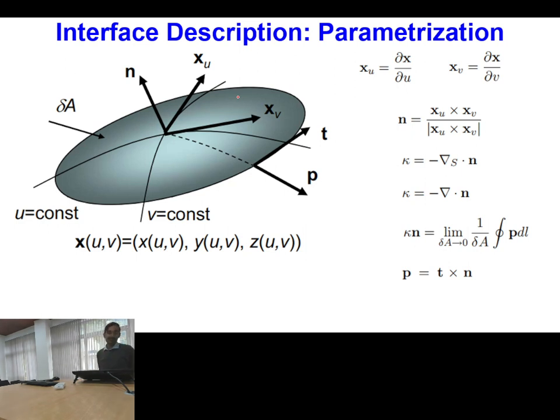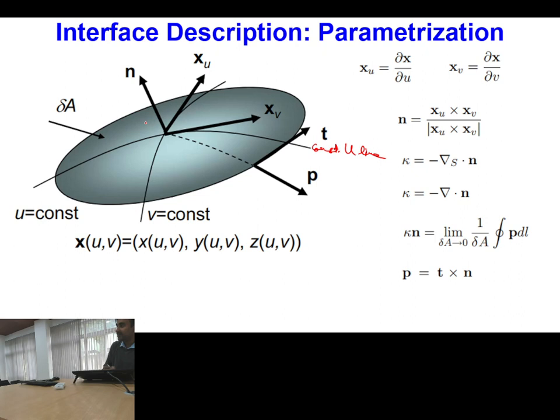So when the interface is a surface, instead of using one parameter for parameterizing the interface, you have to use two coordinates. That is what is done over here. Here you can see one direction; these are nothing but constant u lines.